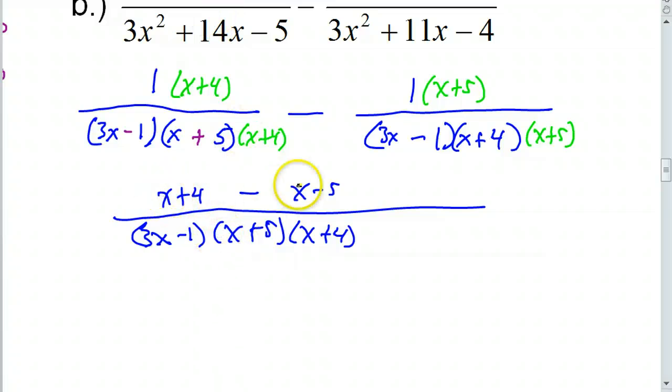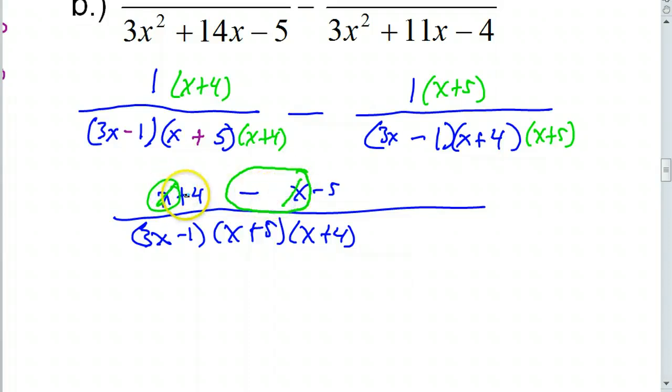So I've got x plus x, so that's 2x. I'm sorry, I lied. I do not have x plus x, I have x minus x. So those cancel out. They're gone.